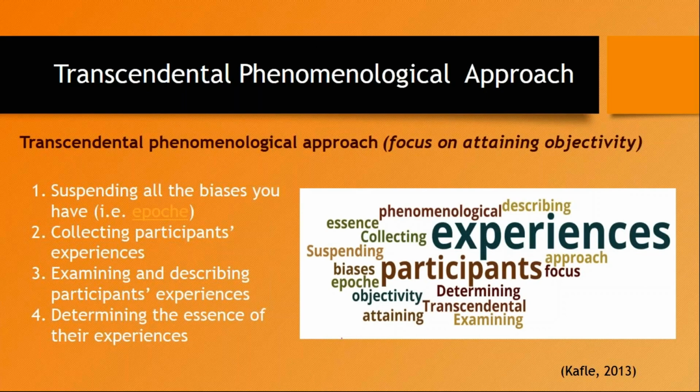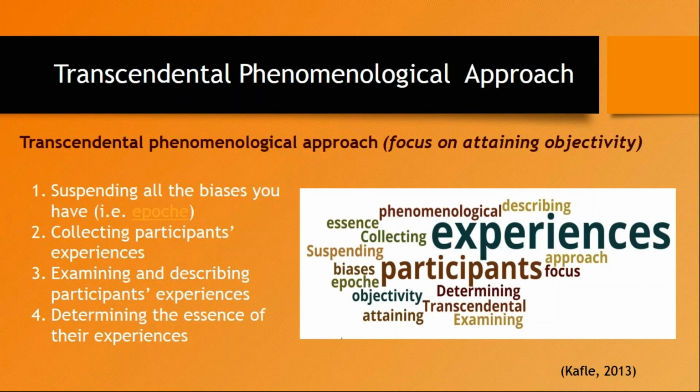So how do you do that? First, you have to think about suspending all your biases. As you collect the data from participants, you examine and describe participant experience, and based on the experience, you come up with the essence of this experience.